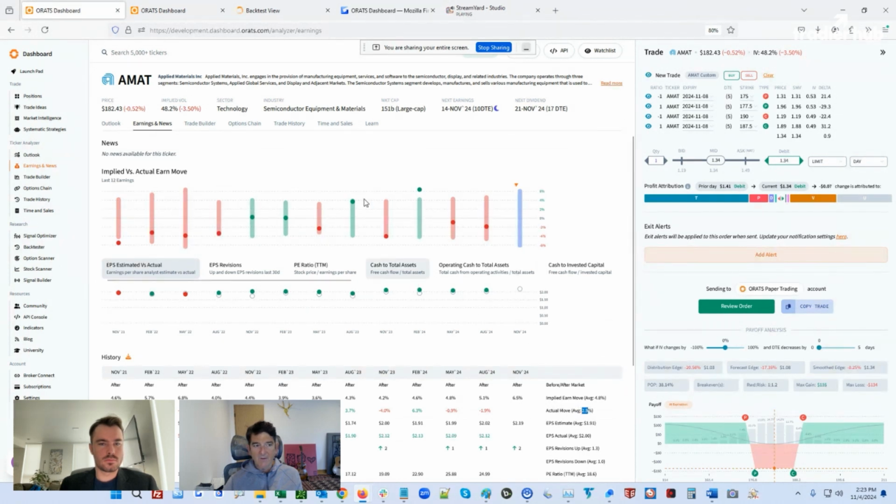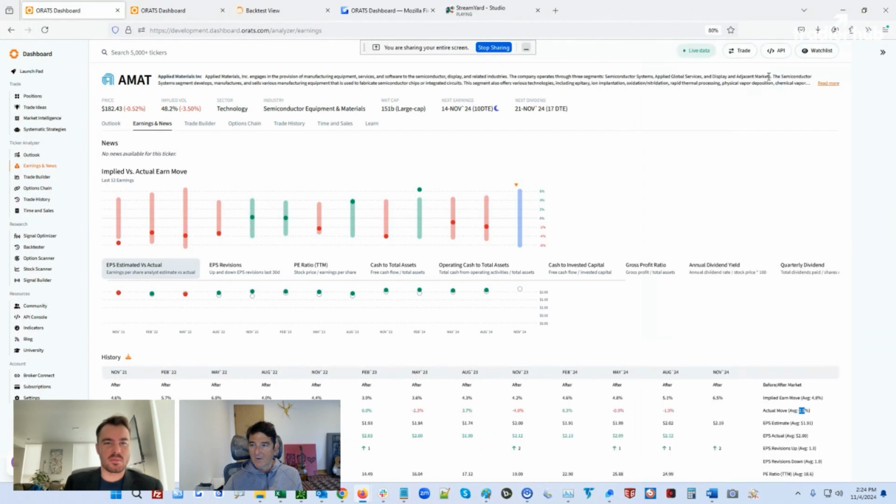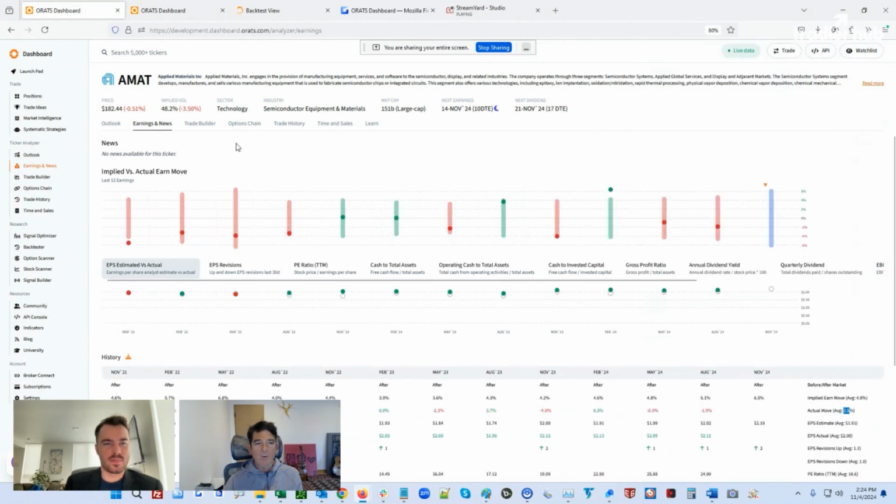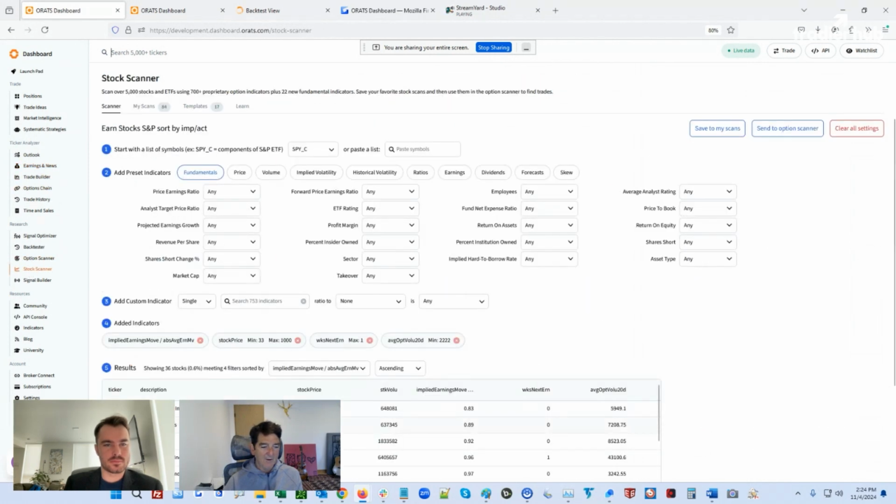I wonder why this one came up. Well, the interesting thing here, I look at how big that earnings move is, the implied compared to the ones before. So the market's expecting a pretty large move. Yeah, but why did this one come up? Why did AMAT?